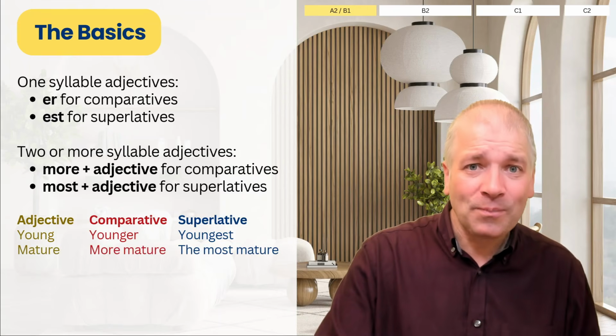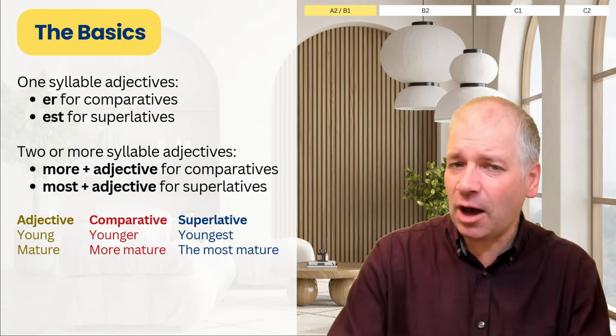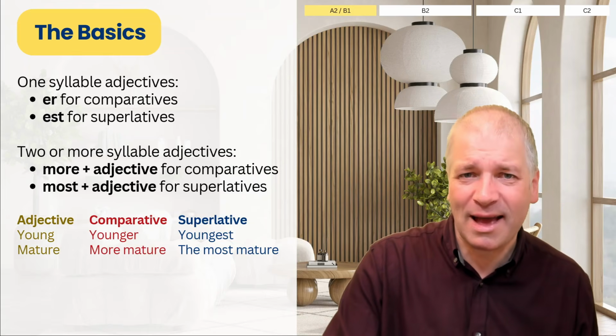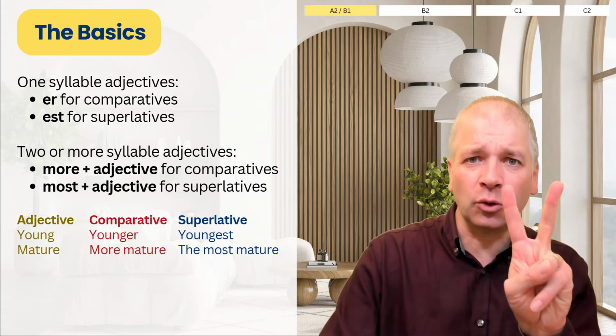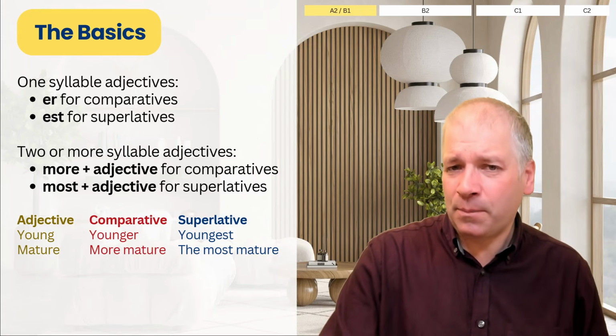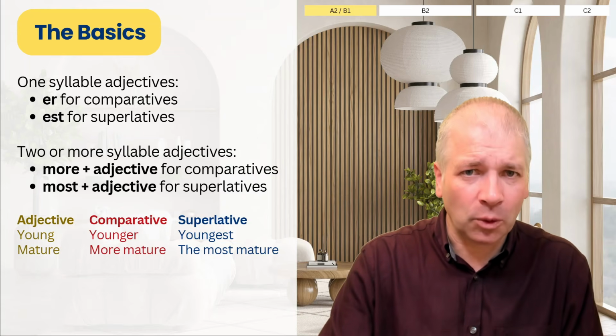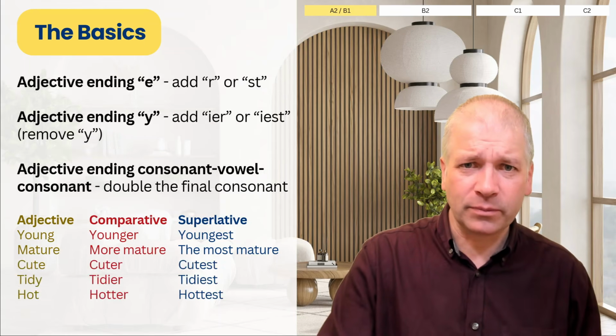So mature has 2 syllables, mature. Compare that to young. Young has 1 sound, 1 syllable, young. Mature, 2 syllables, mature. So with mature, we go more mature, and then for the superlative, the most mature. It doesn't always apply, but those are the general rules.